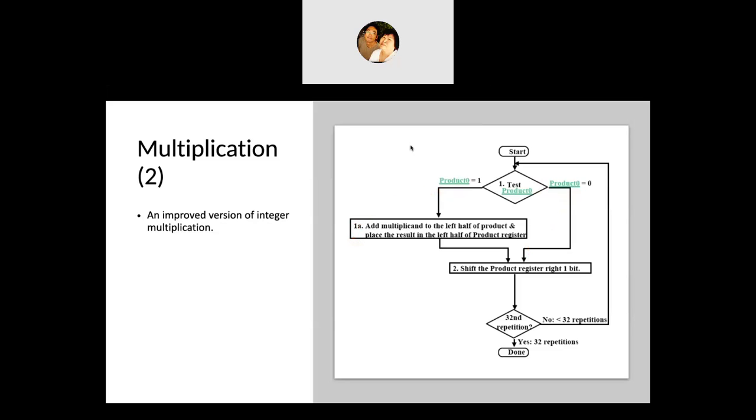What is this step 1a? We add the multiplicand to the left half of the product and place the result in the left half of the product register. What does this statement guide us?